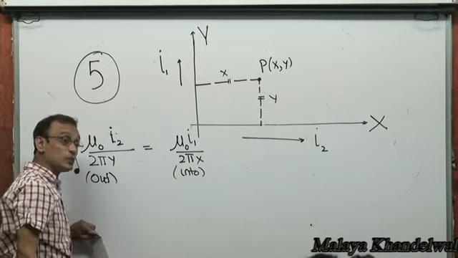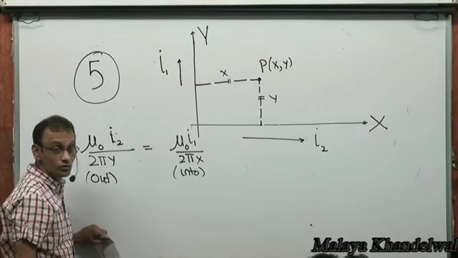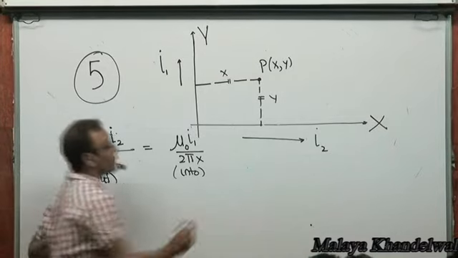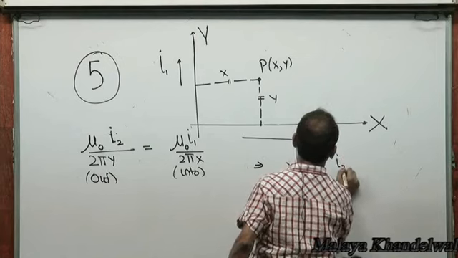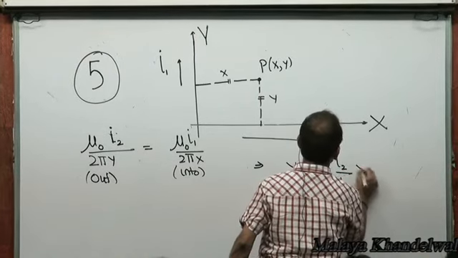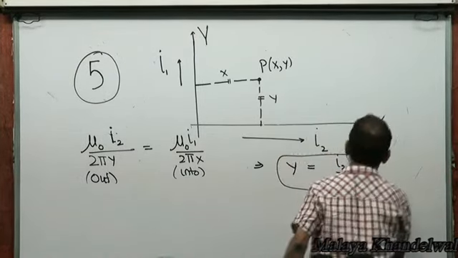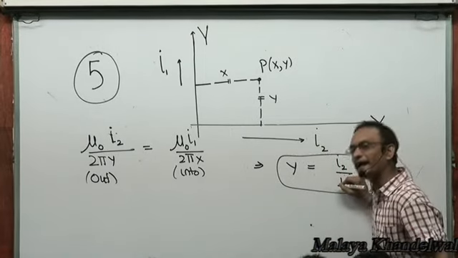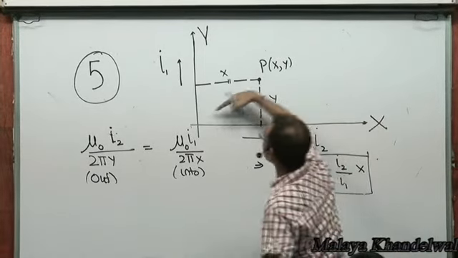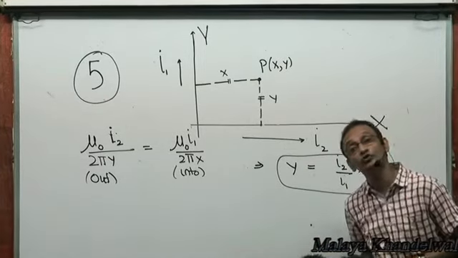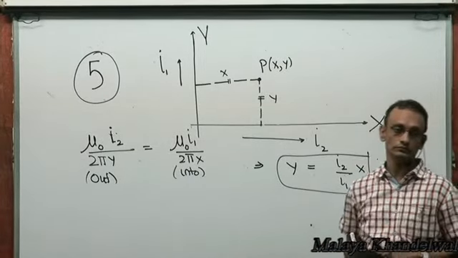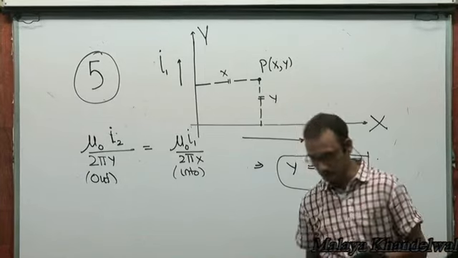So such would be an xy where the net field will be 0, field out is field in, right? So that gives me y equal to I2 by I1 x, which is a straight line passing through the origin and of slope I2 by I1. So the locus of such points is a straight line passing through the origin and of slope I2 by I1. Clear?